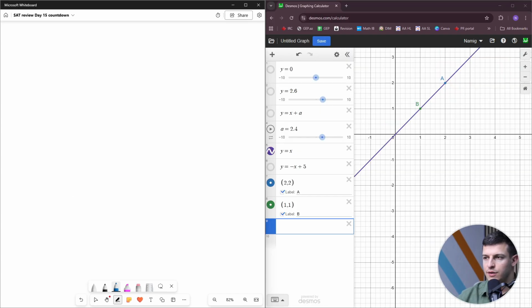So far we have talked about, let me go back to the black marker here, y equal to mx plus b, which is a formula for a linear equation. And then we talked about the slope formula, m equal to delta y, change in y, divided by delta x, change in x.